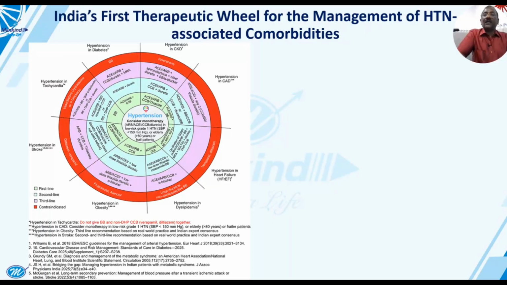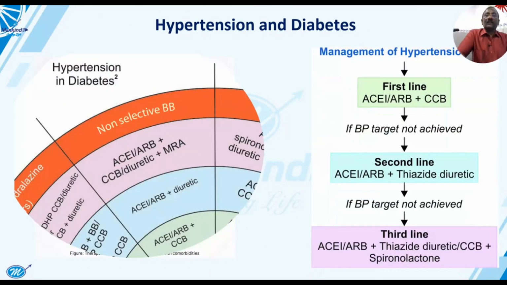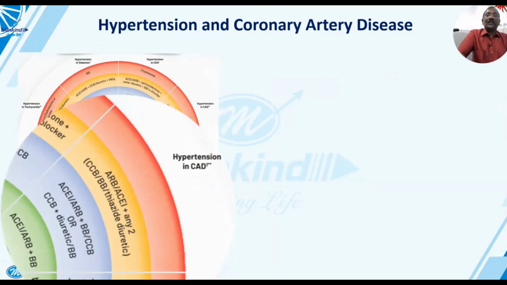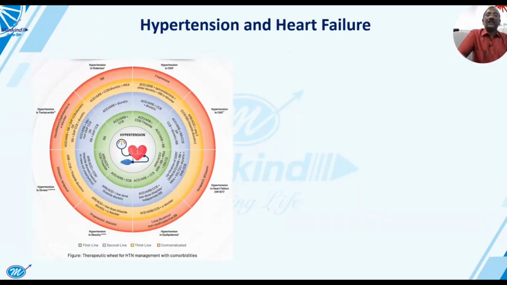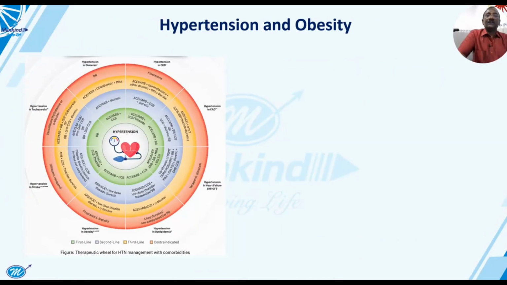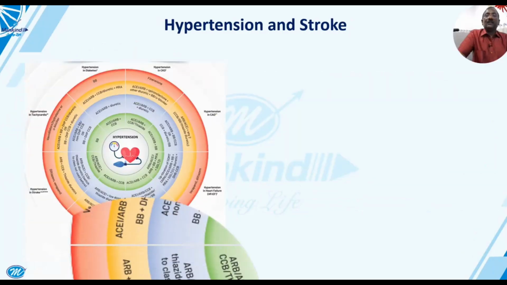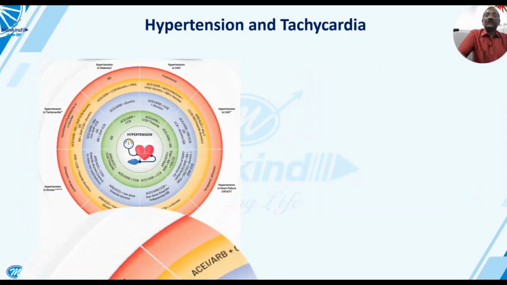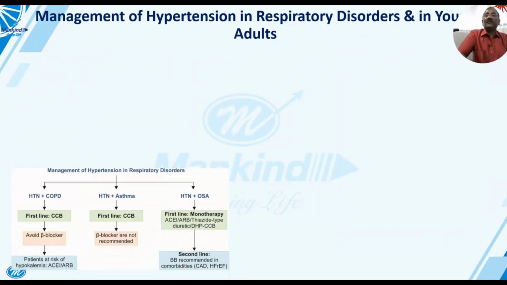But that finishes my talk, I think. So diabetes and hypertension, diabetes and CKD, diabetes and coronary artery disease, diabetes and heart failure, diabetes and dyslipidemia, diabetes and obesity, diabetes and stroke, diabetes and tachycardia.